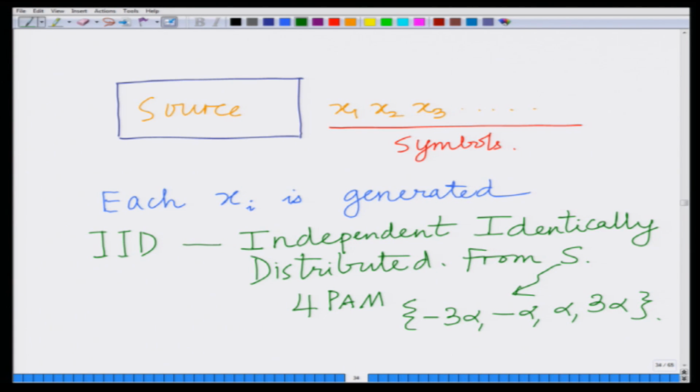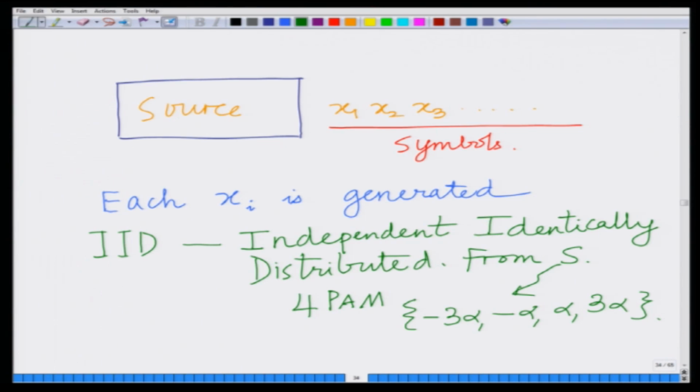So, what we are saying is not only x1 and x2, all of these symbols in a communication system, it is continuously generating a stream of information symbols, a stream of modulated symbols.